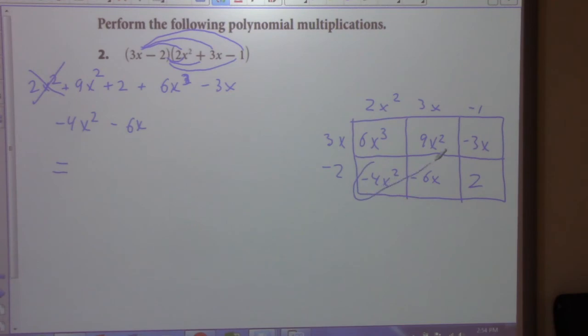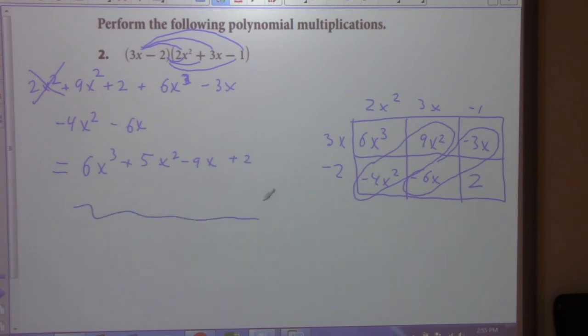But doing it like this just naturally sets these things up in this pattern, where we have 6x cubed, and then negative 4x squared plus 9x squared is going to be plus 5x squared. And then negative 6 minus 3 is going to be minus 9x. And finally we have plus 2.